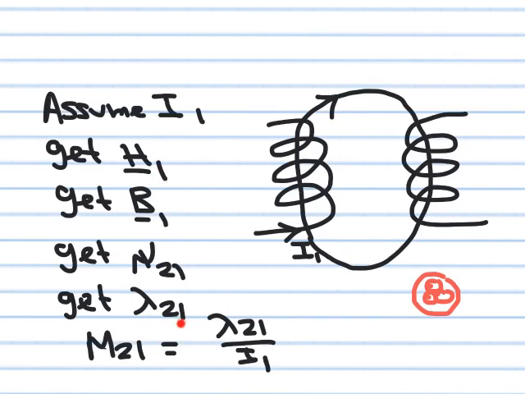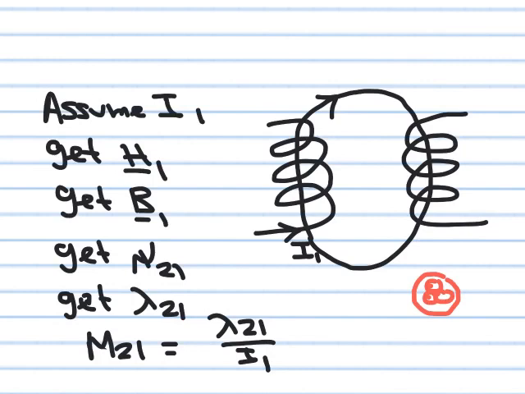Once you have the flux linkage, we say that the mutual inductance M21 is lambda 21 divided by the current I1. This recipe for calculating the mutual inductance is very similar to the Q method or the V method we use to calculate the capacitances.